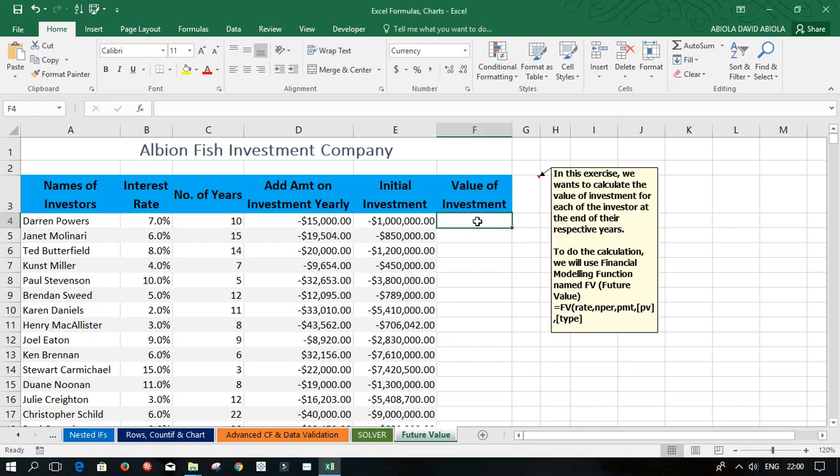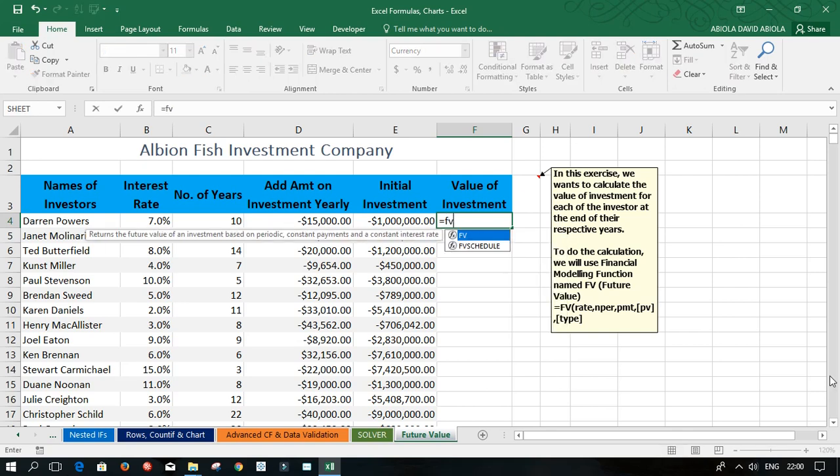So I'm going to click into cell F4 for my first investor, and I'm going to start by typing equal FV. Then I'm going to use my tab key. You can see we have three mandatory arguments to supply and two optional arguments. So let's see how to calculate it.